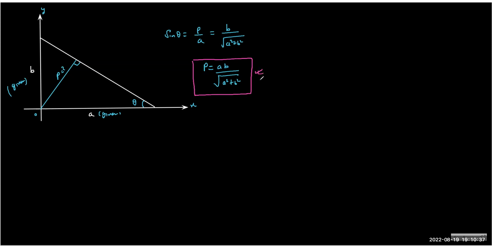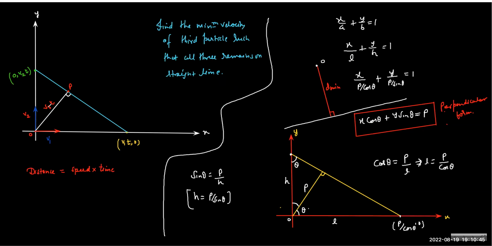And this is what we have to apply in the previous question. So in the previous question, we know the P, yes or no? We know the x-intercept, we know the y-intercept. What is the relationship between all three? So here we can write P equals to what? P equals AB. What is A?